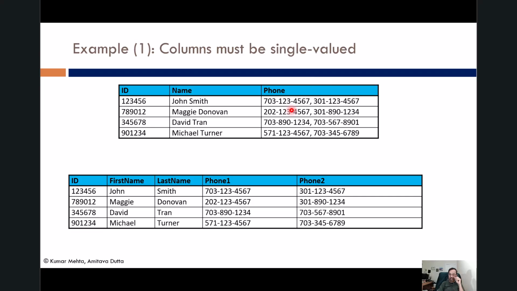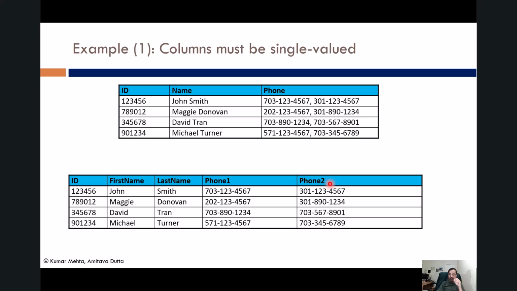How do I make this table a relation then? I break up the name into 2 columns, first name and last name, and I break up the phone number into phone 1 and phone 2. If I know that the first number is the landline and the second number is the cell phone, then instead of phone 1 and phone 2, I could use landline and cell phone as the headings for the 2 columns.